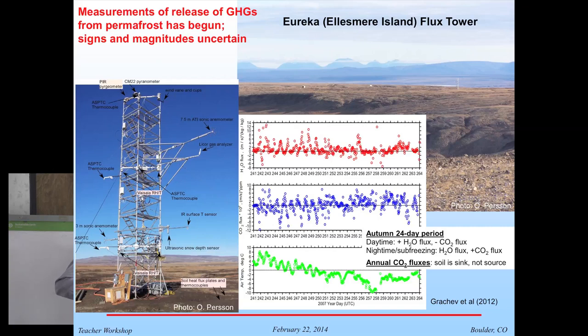So the soil is a source of carbon dioxide during that time. But if we look at the entire year, in general, it looks like the soil is a sink of carbon dioxide, not a source. So either the permafrost is not thawing substantially there at Eureka yet, or we don't have long enough time series of it. And so right now, at least, it looks like the soil there seems to be a sink for carbon dioxide.